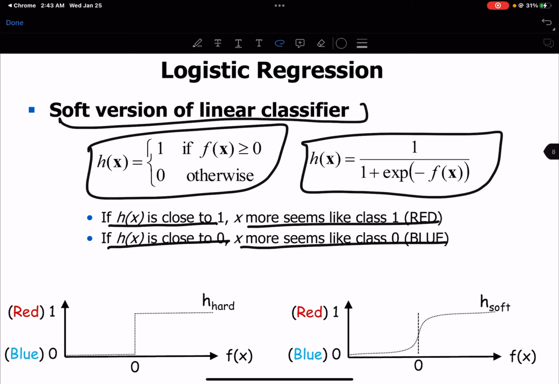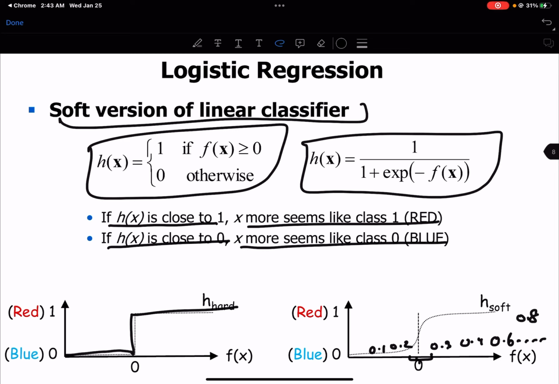Here is the difference. Red is 1, blue is 0, so there are only two possibilities. But in the soft case, between red and blue, we can take the values 0.1, 0.2, 0.3, 0.4. As we are closer to 0, we can take up different values, 0.6, 0.8.